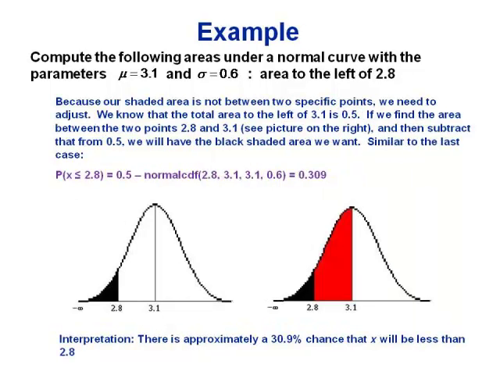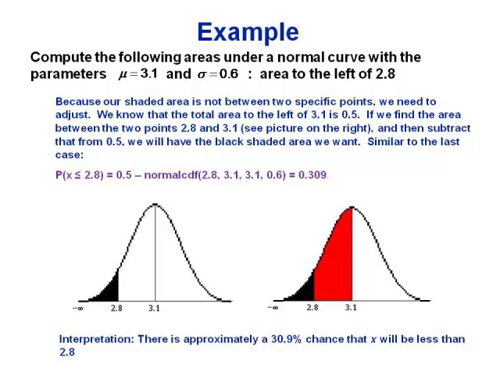Here we have a similar example but pointing the other direction. We want the probability of being less than 2.8, so going from 2.8 to the left. Well, this time we still have another red chunk that if we started with 0.5, we would need to subtract out the red chunk to leave the black portion that we want.